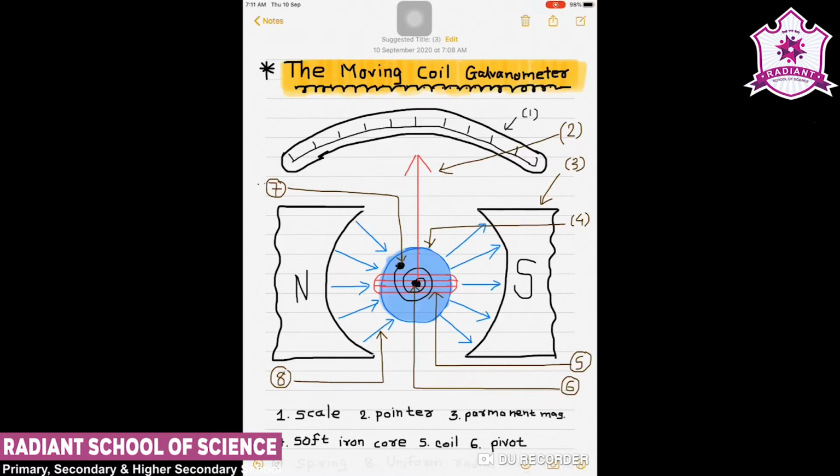Now, what is the principle behind the moving coil galvanometer and why is it called so?